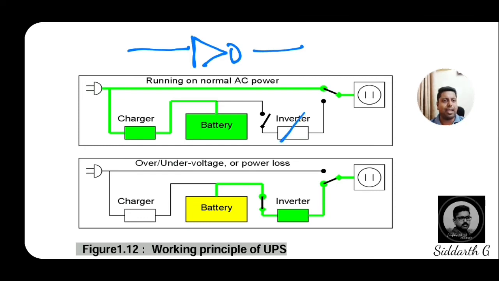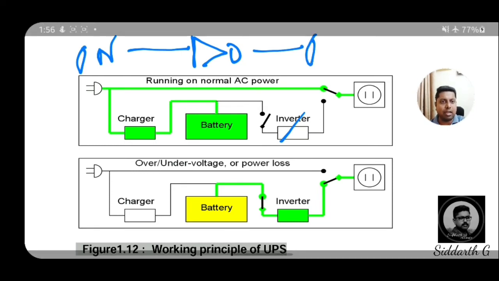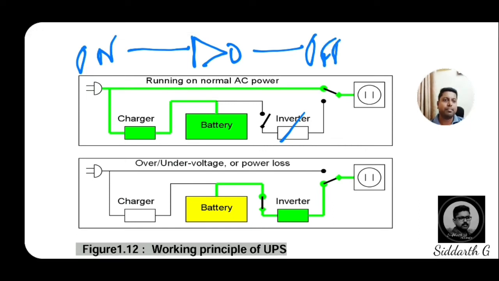Whenever the power is on, that is the input. If it is a UPS with an inverter, whenever the power is there, 100% the output of the inverter is in the off state, because it is the complement.